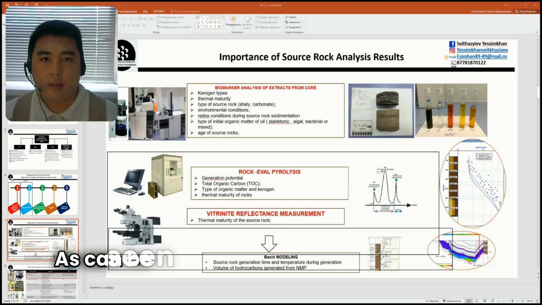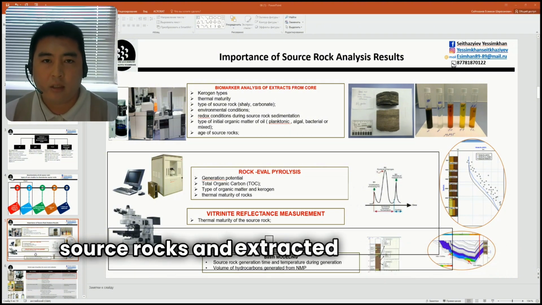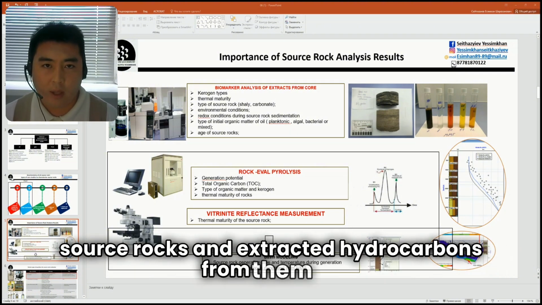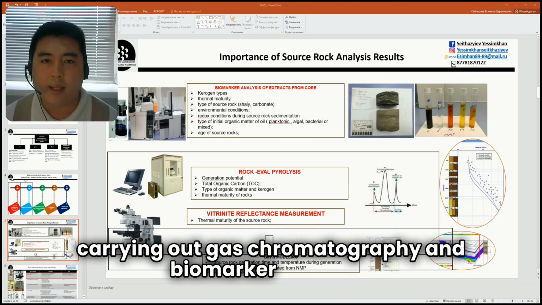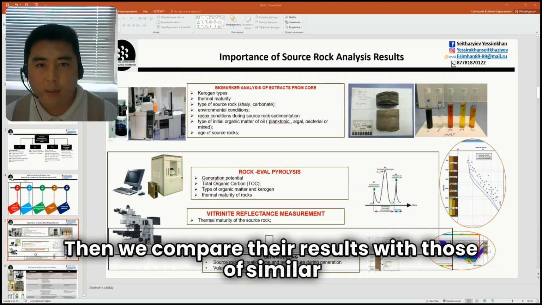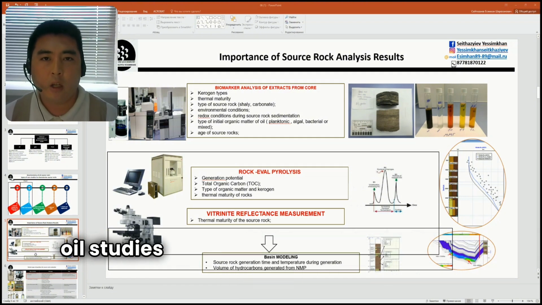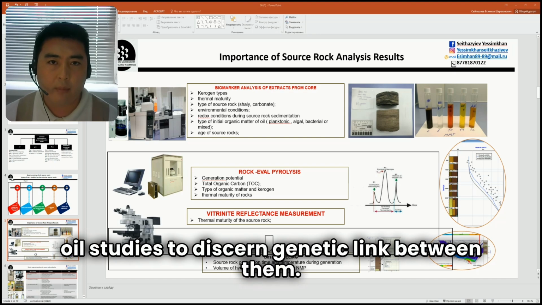As can be seen here, we found hydrocarbon source rocks and extracted hydrocarbons from them for carrying out gas chromatography and biomarker analysis. Then we compared the results with those of similar oil studies to discern genetic link between them.